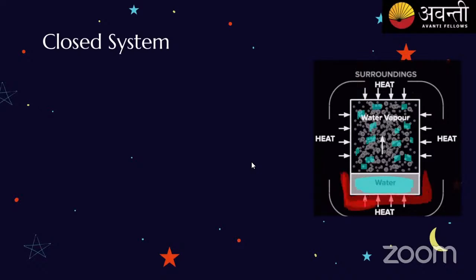Now, here, as the container is closed on the above surface, it is not open. The system is not open here. As we are closing it completely, there is no possibility of the matter to escape from the system into the surroundings. Whatever is inside this orange line will be our system, and whatever is around it, the green one, will be our surroundings.